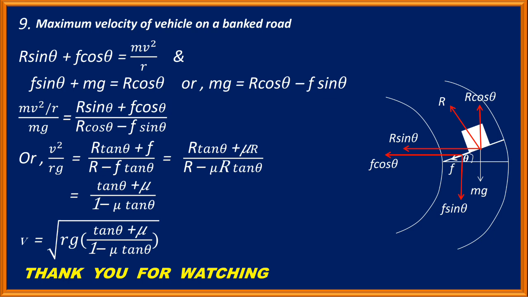Then we are getting v square by rg equal to R tan theta plus F by R minus F tan theta, which is R tan theta plus mu R, because F equal to mu R, divided by R minus mu R tan theta. So finally we are getting v equal to root under rg into tan theta plus mu by 1 minus mu tan theta.